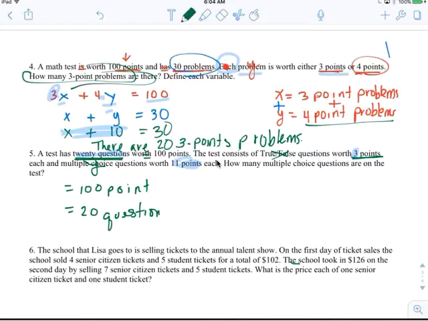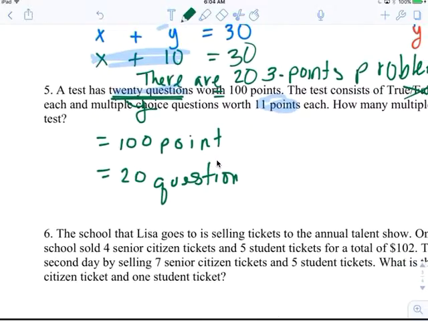Anyways, X represents the number of true and false questions. Oh my gosh, I'm spelling false wrong.